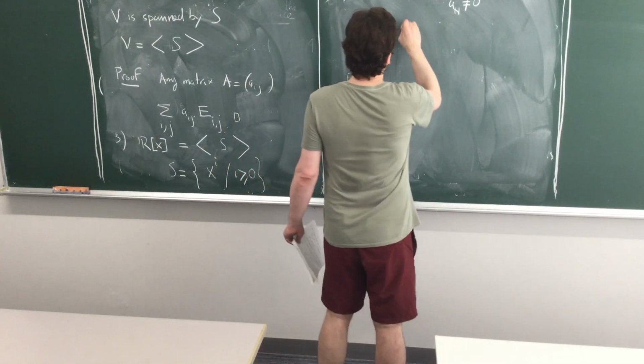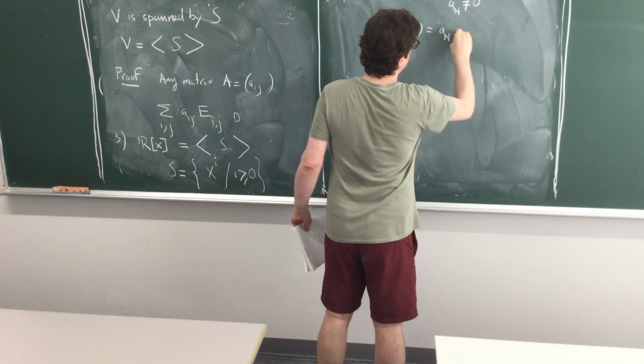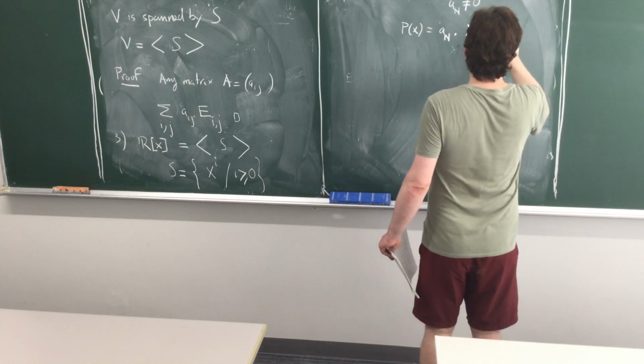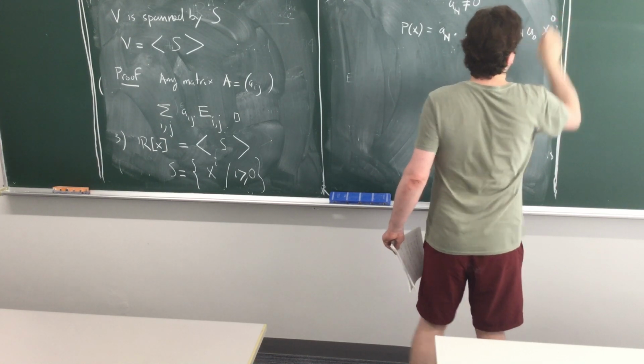Well, you can write this as a_n times this vector, and then, as you can see, plus a_0 times x to the power 0.